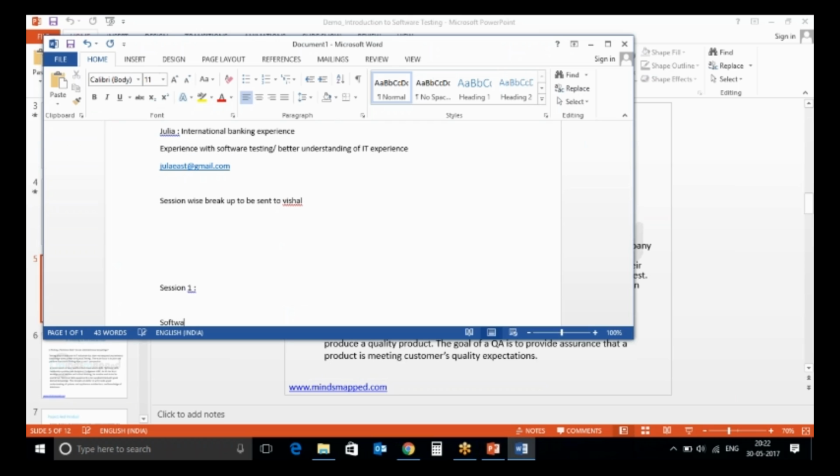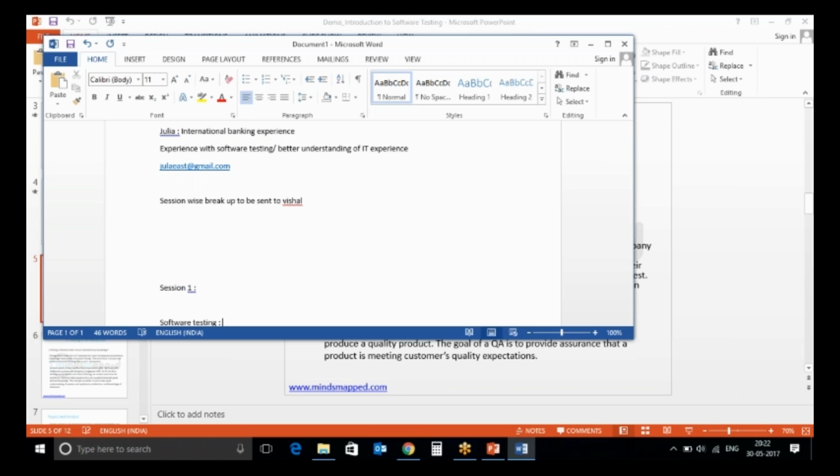So whenever a project starts, the business users who are going to use the application or the website or any tool, like we are starting off with a project.